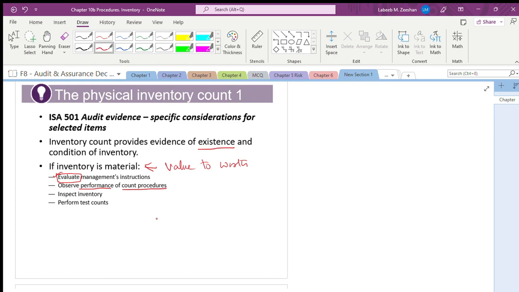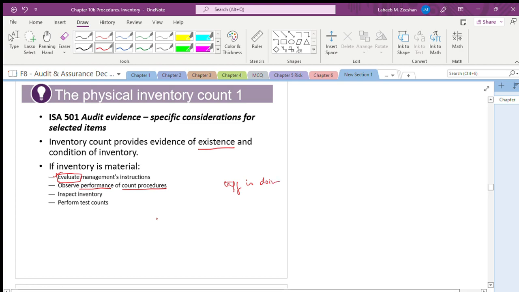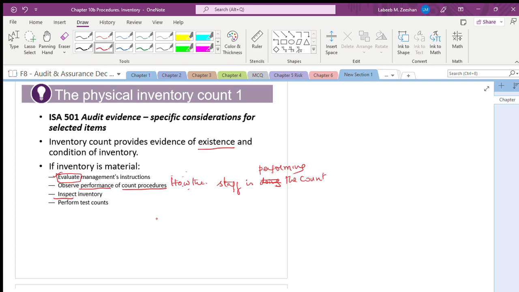You have to observe how the staff is performing the count. You have to inspect. Physical count means you have to inspect. Literally, 1, 2, 3, 4, 5.